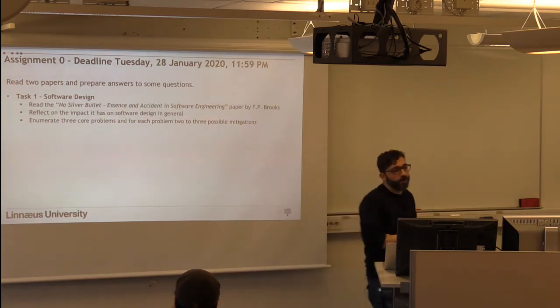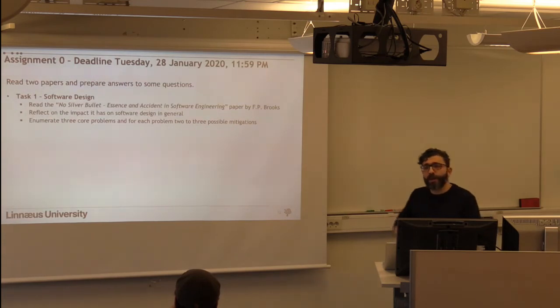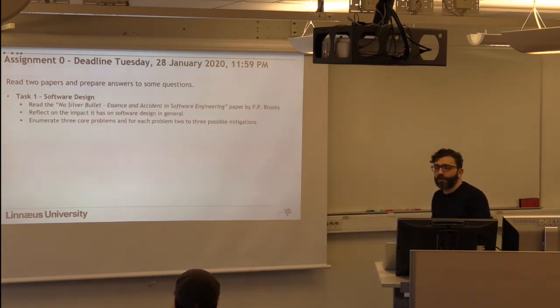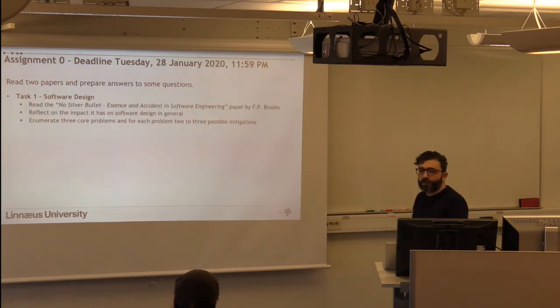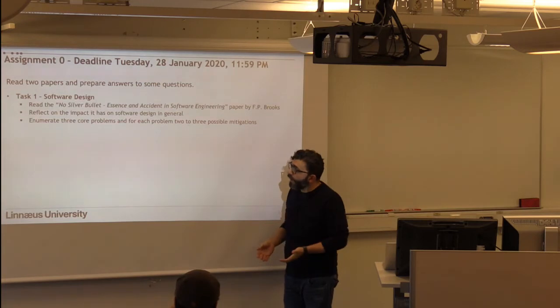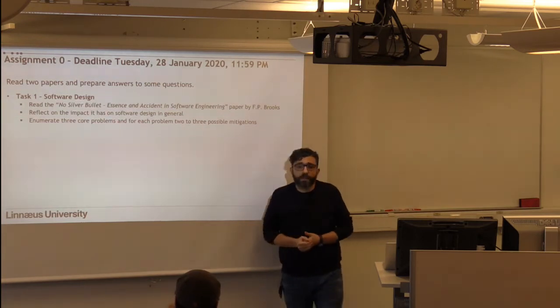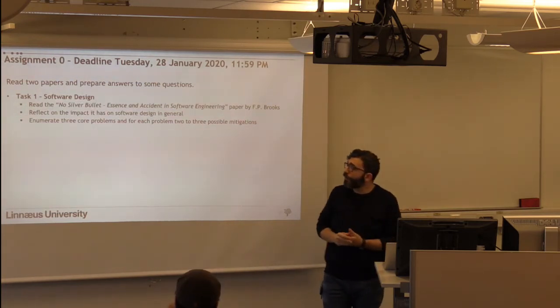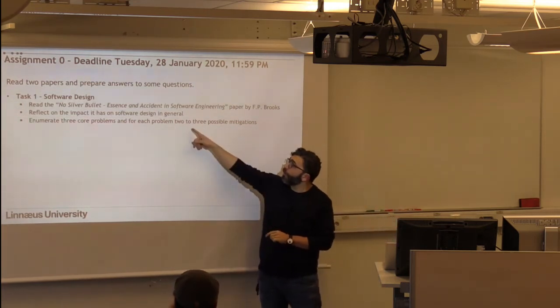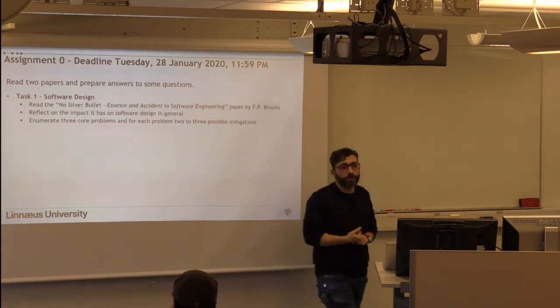It's very old paper, but it's very important to understand what is design and why design is important. Okay, so the idea is that you should reflect on the impact that this paper has on software design in general, and enumerate 3 core problems, and for each problem 2 to 3 possible mitigation.